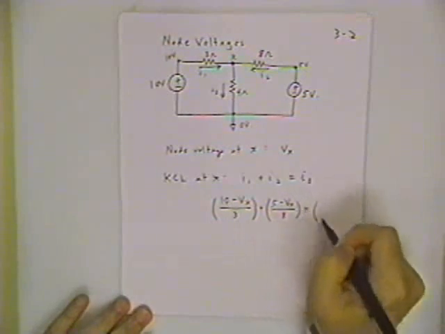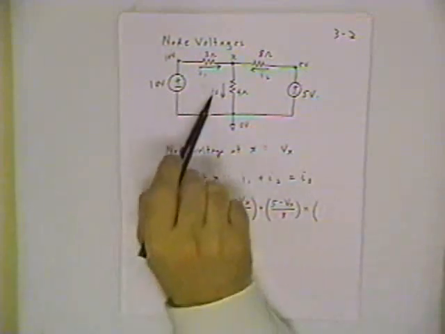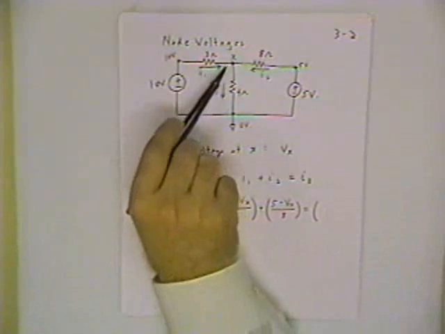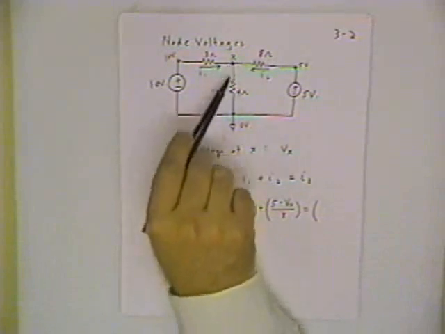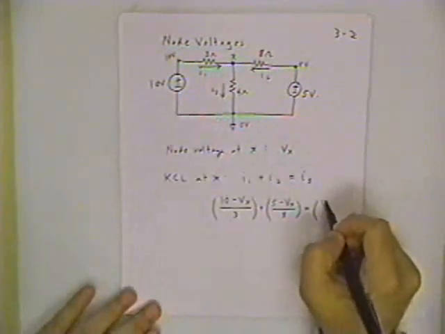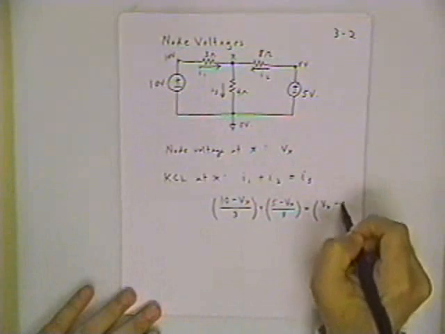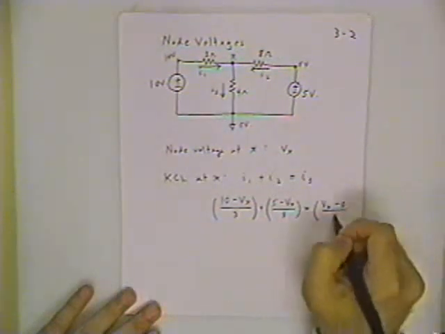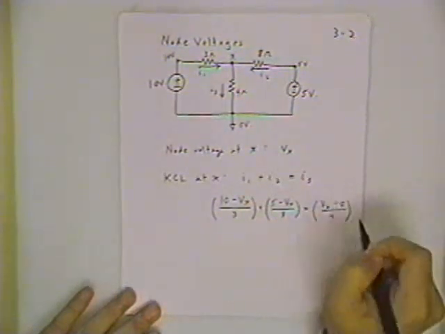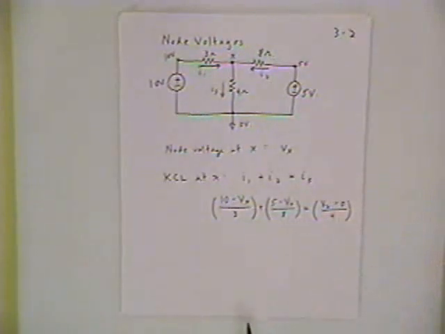Then finally that has to equal the remaining current I3. This current is going from higher to lower potential from V sub X to 0, so I can say this is V sub X minus 0, divided by 4.